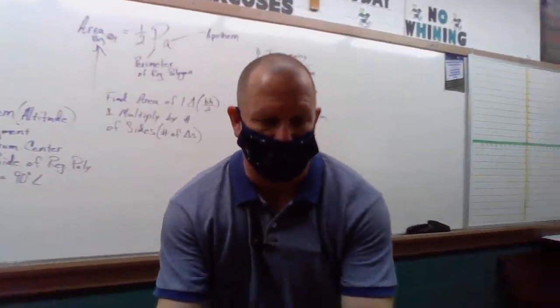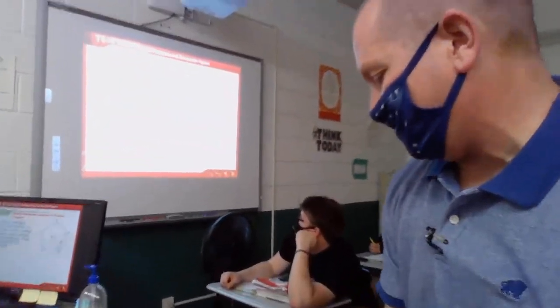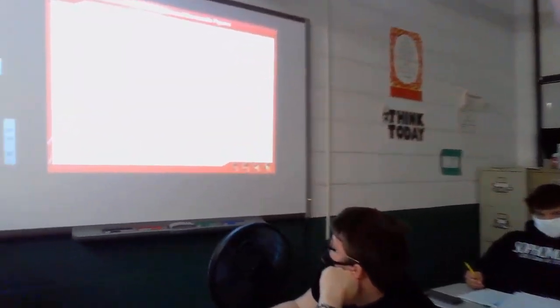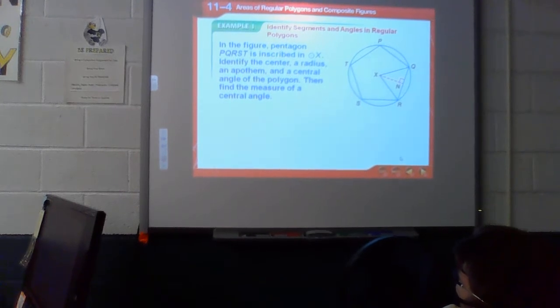So the first thing that we want to concentrate on is this. This right here is just asking you if you understand the new vocabulary that we introduced. So, in the figure, it's a pentagon PQRST inscribed in circle X. Identify the center, the radius, an apothem, and a central angle of the polygon.